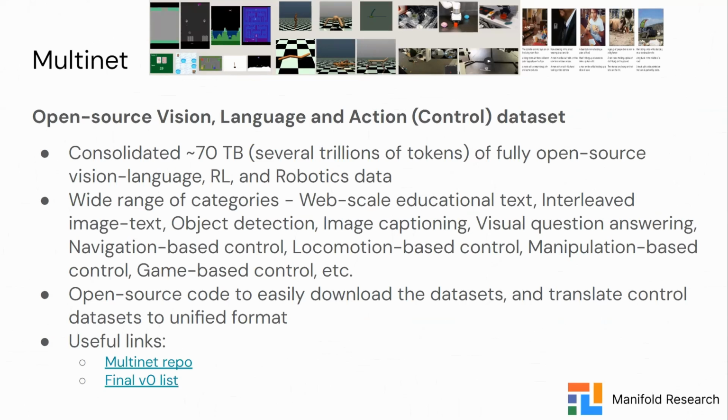So a big contribution that we really thought would help was that we could translate all these datasets into a unified, widely used format that could easily be loaded for any purpose, fine-tuning, inference, pre-training, whatever it is. So we've fully open sourced the code that helps you easily download any or all the datasets in V0 of Multinet.